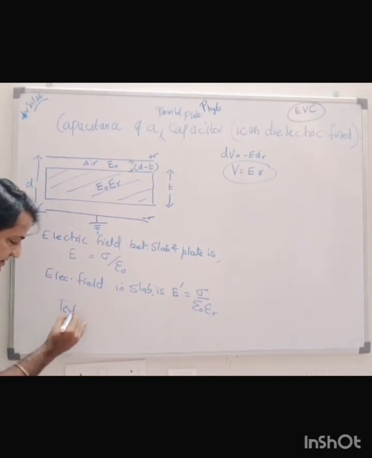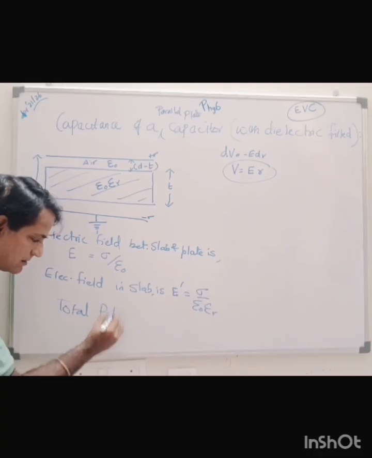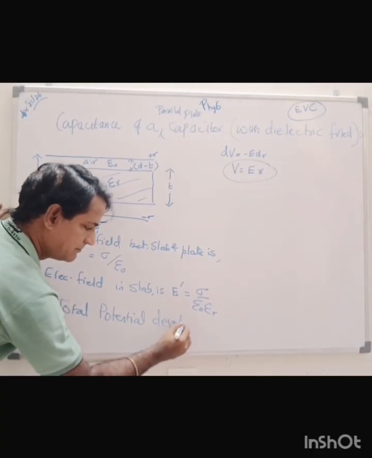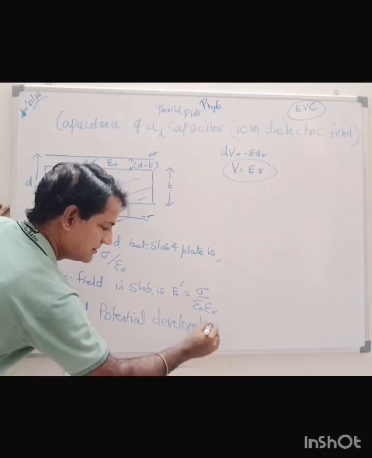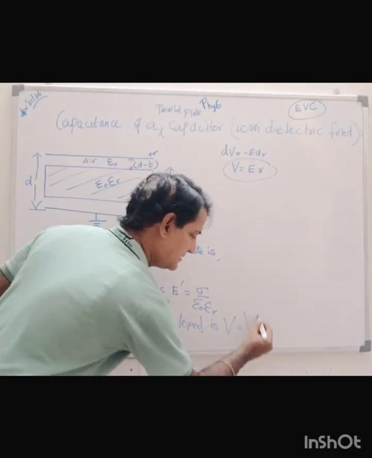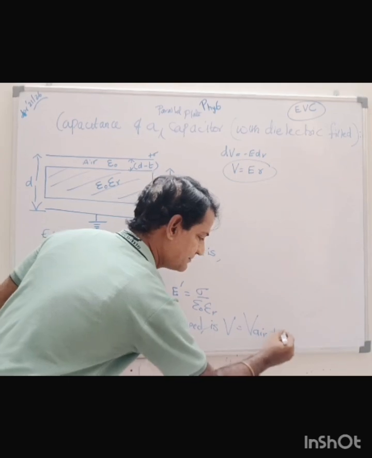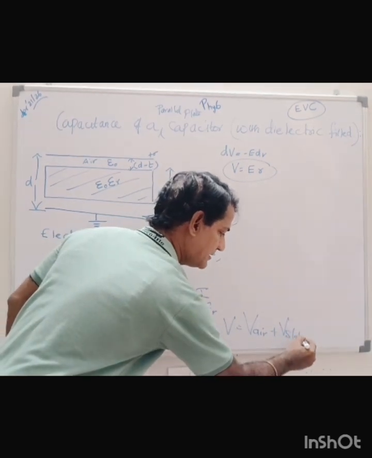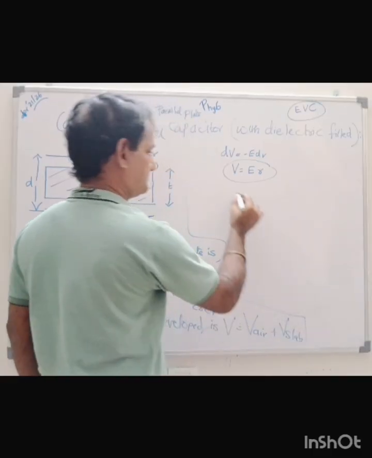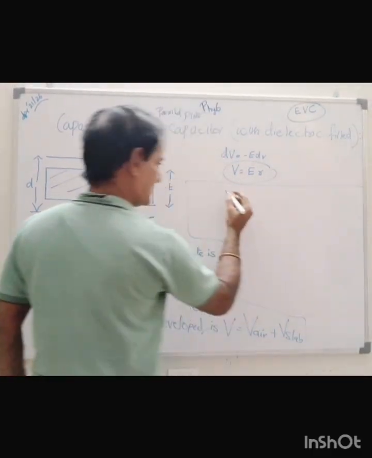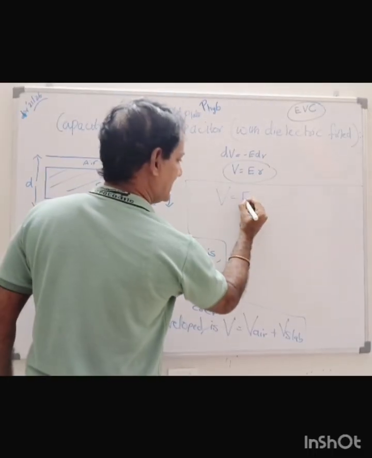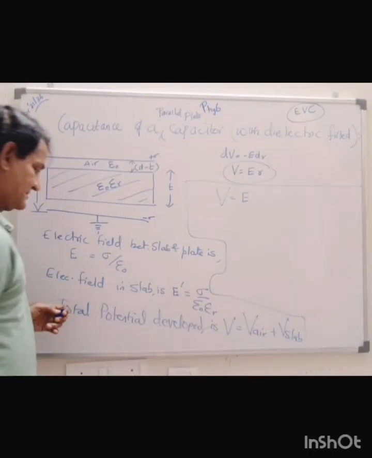So the total potential developed is V is equal to V in air plus V in slab. Now let us continue here. V in air is nothing but the electric field into the distance.